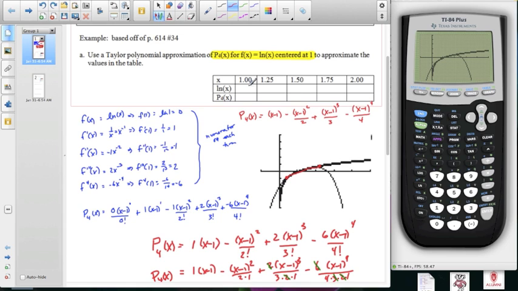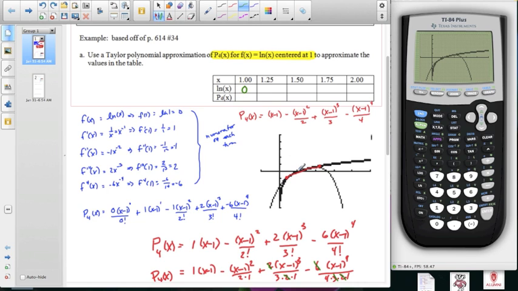And so if we start to look at using this approximation to evaluate different values of x, we'll look at a table in just a second. If we take a look at the natural log of 1, the actual value of that function is 0.